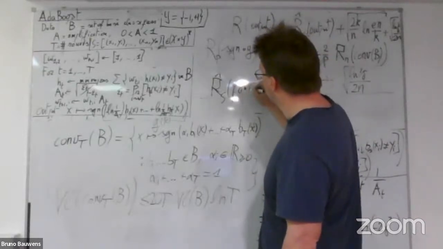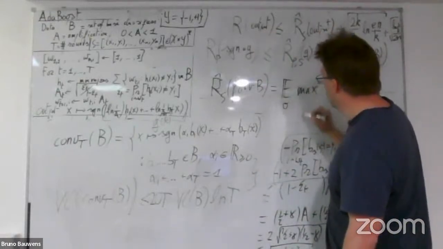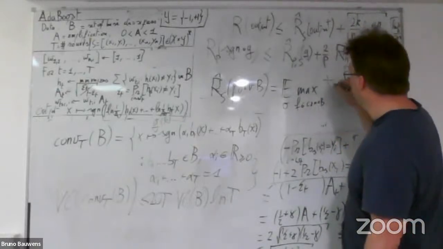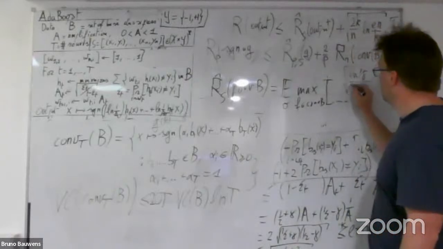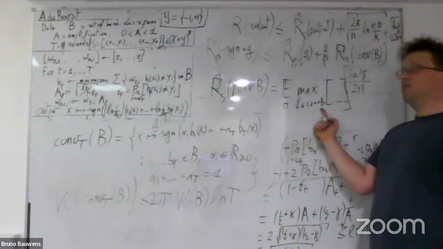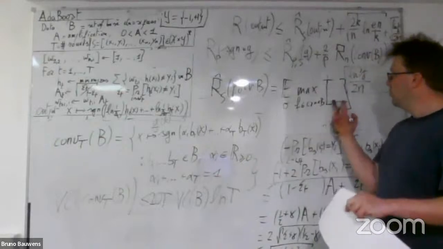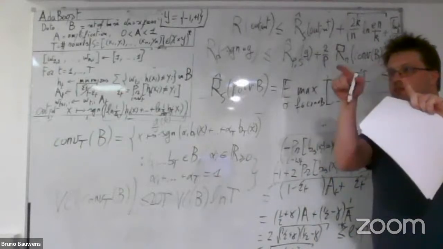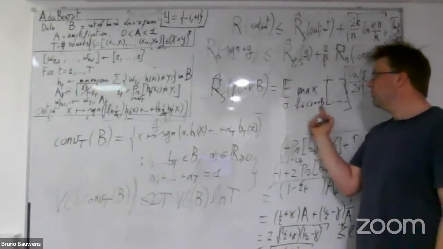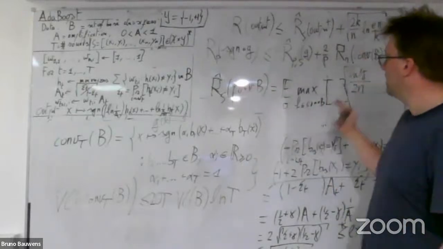We have convex of B, and this is the expected value over sigma, where we take a maximum over F in convex B of something here, right? But when we take F in convex B, then we have extra parameters alpha, and we know that whatever is here, we will reach it in one of the extremal points. And that means when we take the maximum over convex B, it's just the maximum over B. And so the Rademacher complexity doesn't change.